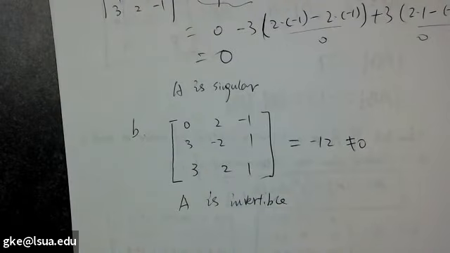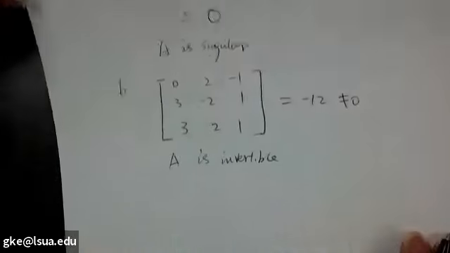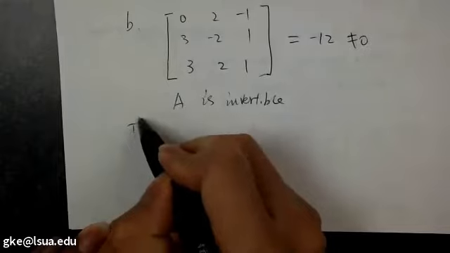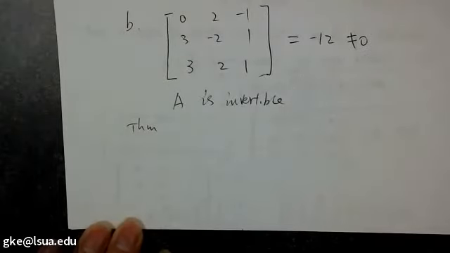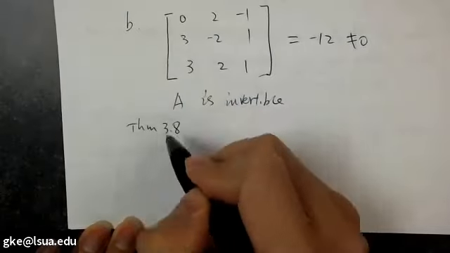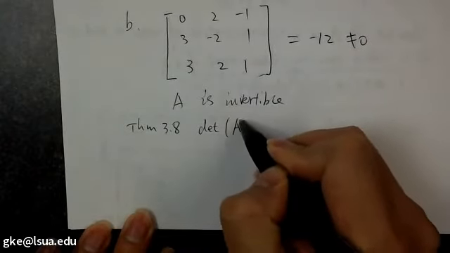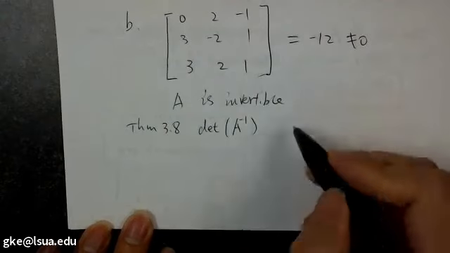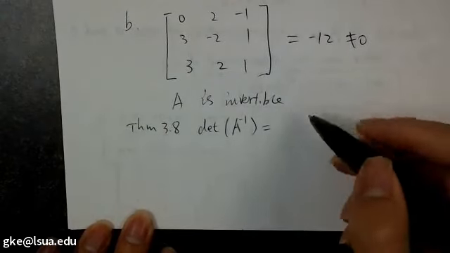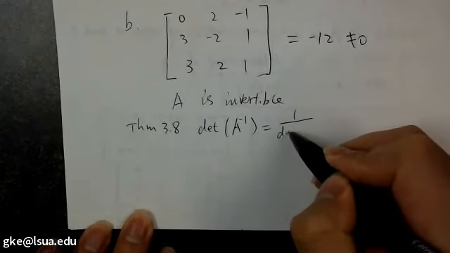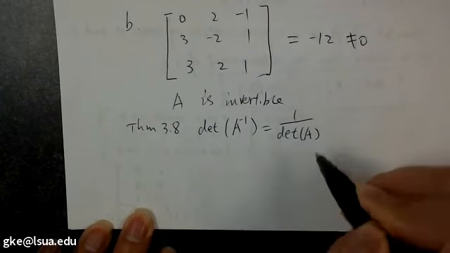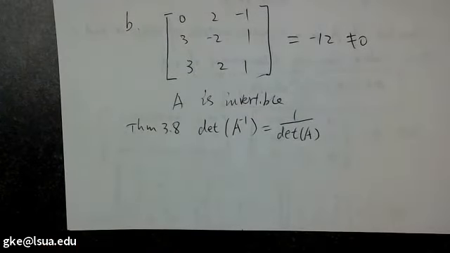Now let's take a look at another theorem. Theorem 3.8: the determinant of A inverse equals 1 over the determinant of A. That's a very important property for the inverse.